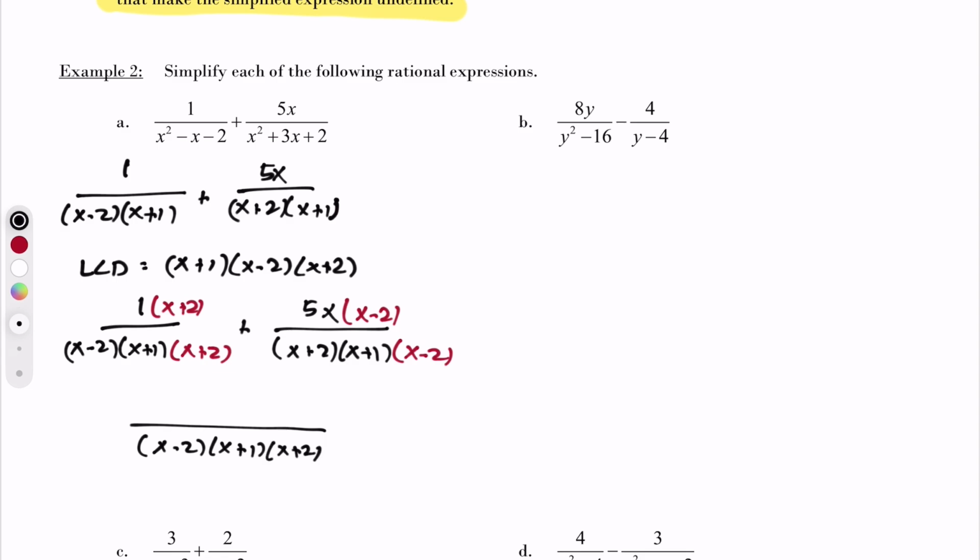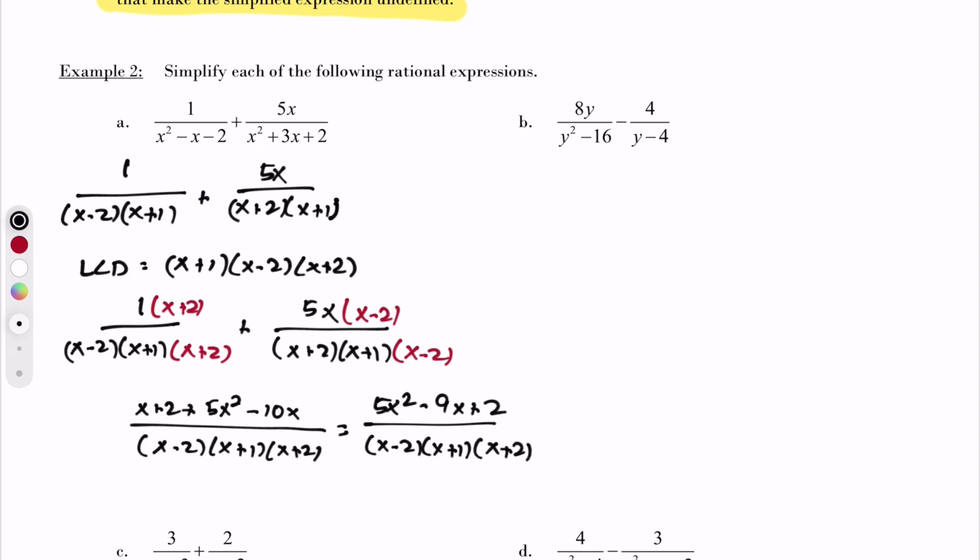Let's do the math. 1 times x plus 2 is x plus 2. 5x times x minus 2 is 5x squared minus 10x. Let's put it all together. This would be 5x squared minus 9x plus 2, and then this is (x minus 2)(x plus 1)(x plus 2).